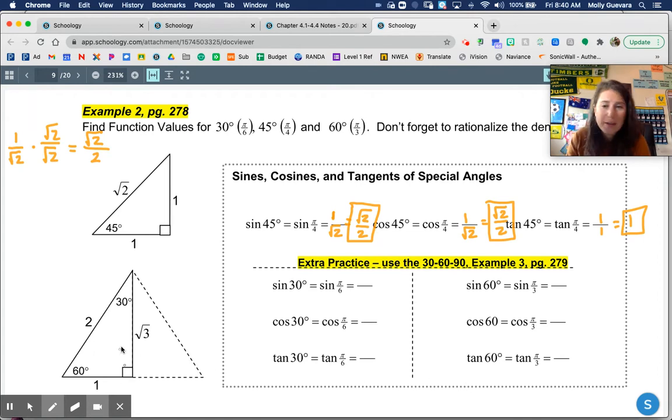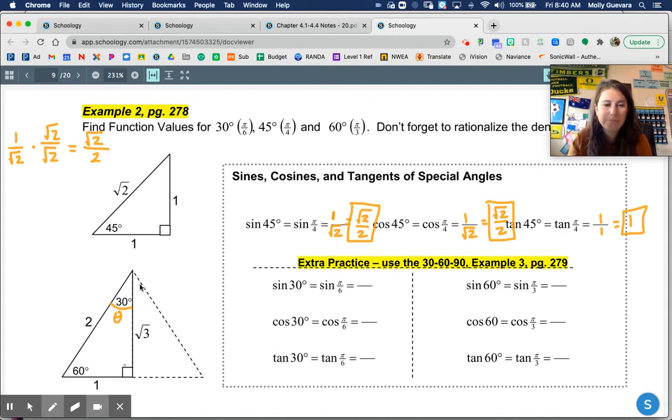Now we're going to do the same thing for 30 degrees. Okay. So here's 30 degrees right here. So we just have to make sure we're following this angle. So sine is, again, same thing here. I'm letting one of my legs be 1 and using the properties of right triangles. I know that this is 2 and this is root 3.